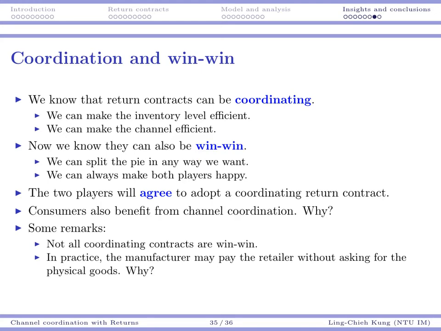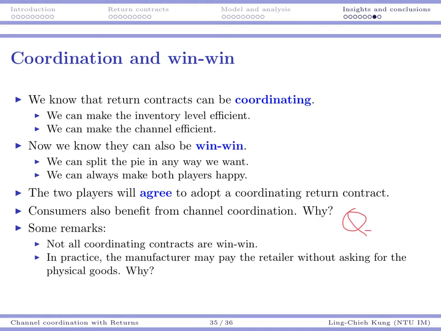And also the consumer can benefit from channel coordination. Why? Basically, the consumers only care about one thing, which is the inventory level, because the retail price has been fixed. So the consumer just wants the channel to offer as much quantity as possible. The consumers prefer a higher quantity.